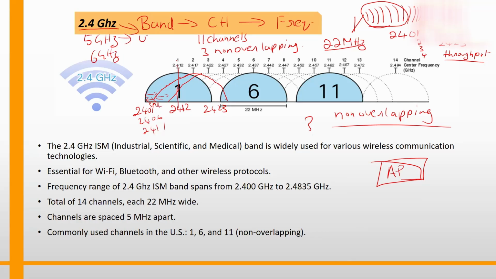There is something called unibands. We will learn about DFS, dynamic frequency selection, what that is, and the different channels. We will understand more about the transmission of radiation using these channels and how the communication happens on them.